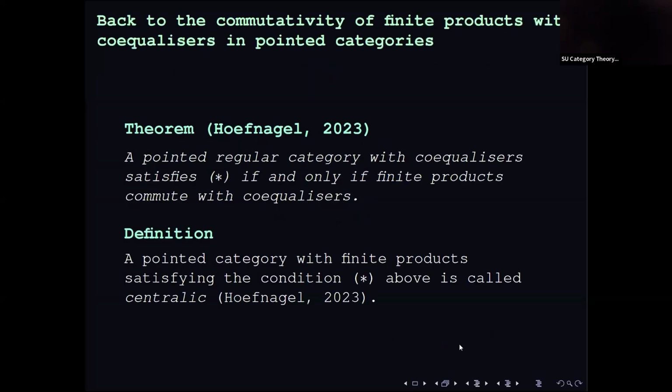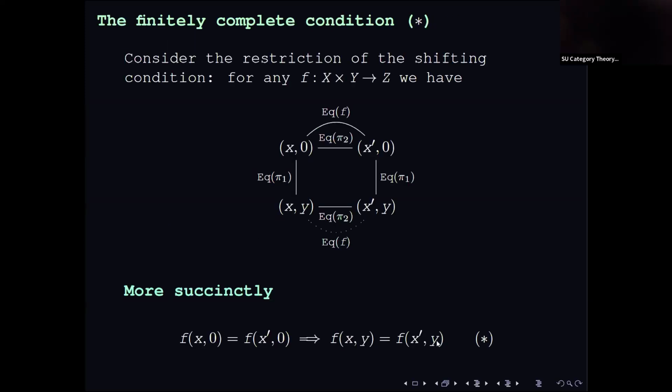Now, as it turns out, a pointed category with co-equalizers which satisfies this condition has that finite products commute with co-equalizers, and vice versa. So one can characterize the commutativity of finite products and co-equalizers just by this very simple condition.